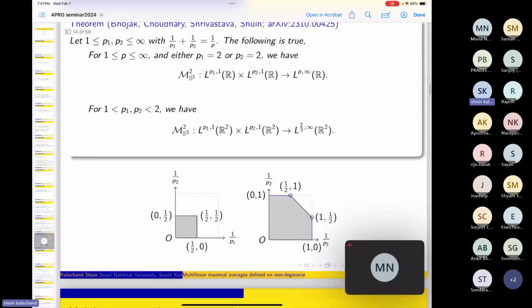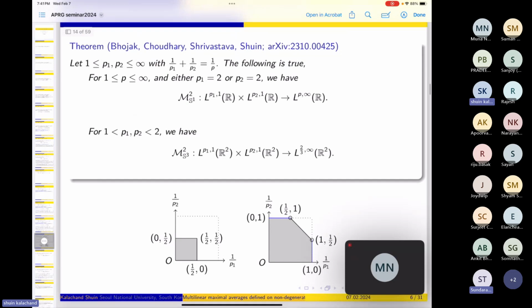So for dimension 2, this is the open convex hull, and on the horizontal and vertical lines the boundedness was proved by Eunhee Jeong and Sanghyuk Lee. But on this line segment from (1/2, 1) to (1, 1/2) in dimension 2, we have proved restricted weak type estimates.